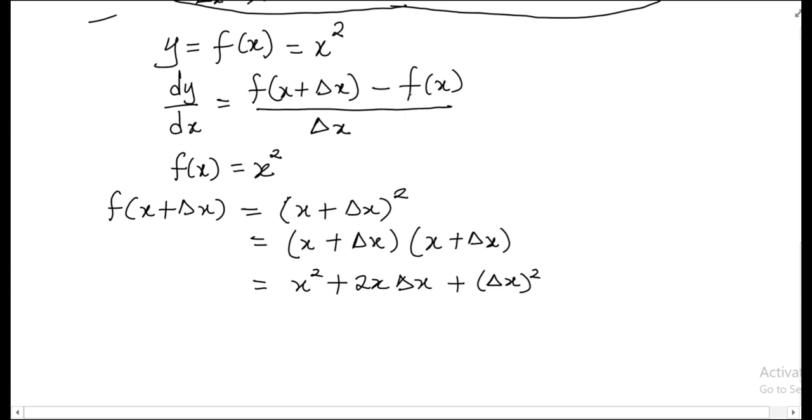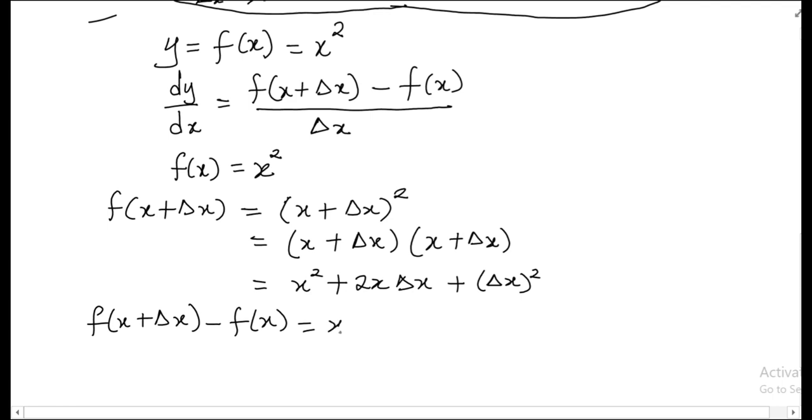So this is f(x + dx). Now the next thing that comes is subtracting f(x). So we write it as f(x + dx) minus f(x). And what's our f(x)? Our f(x) is x squared. So it means we are subtracting x squared from this expression.